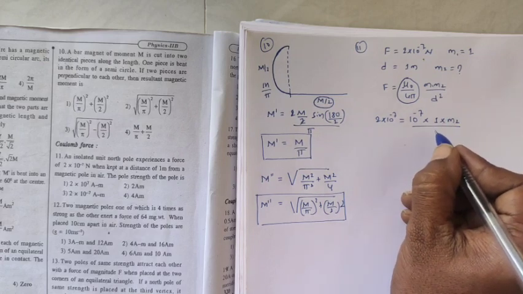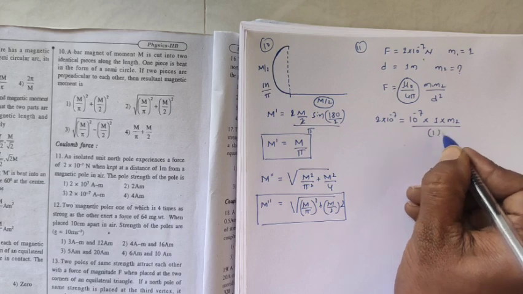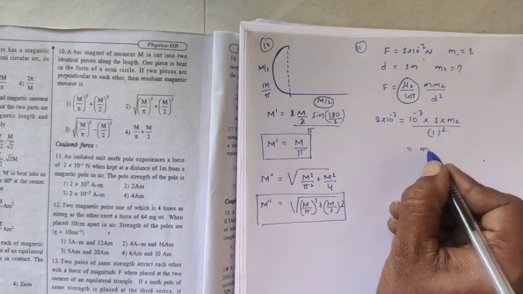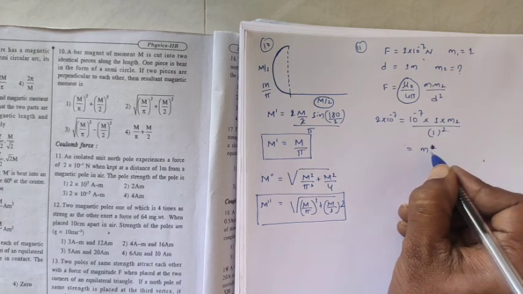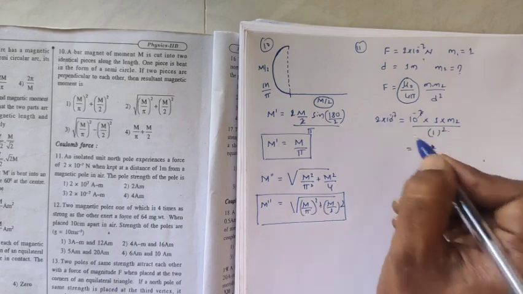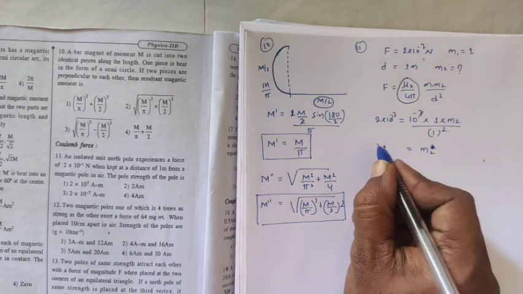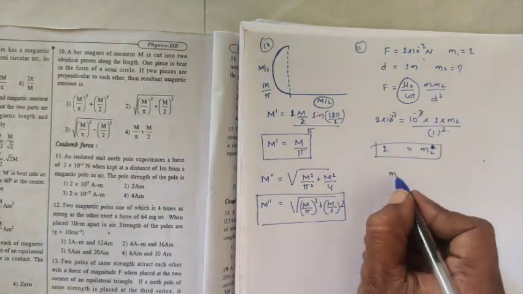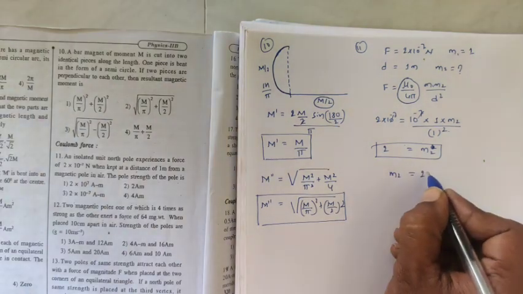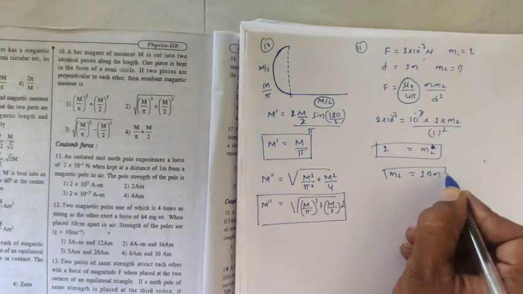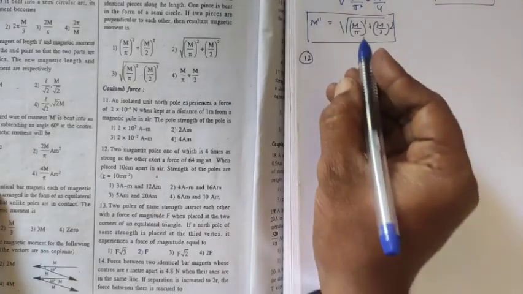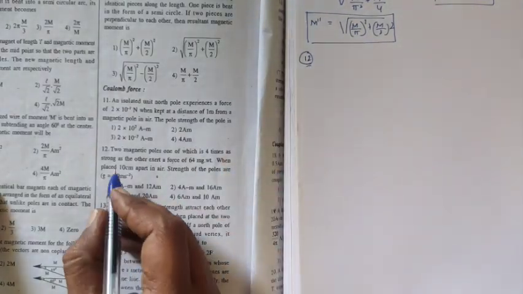D square means distance, so that is 1 square. This term will get cancelled out, so the m2 value is 2. So what is our required answer? 2 ampere meter.